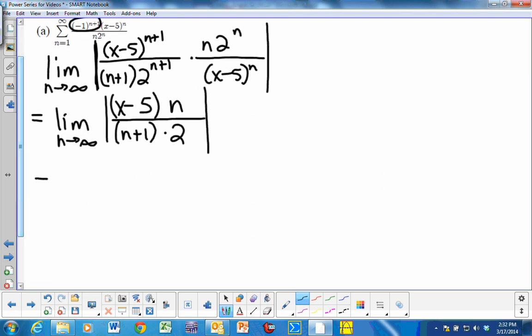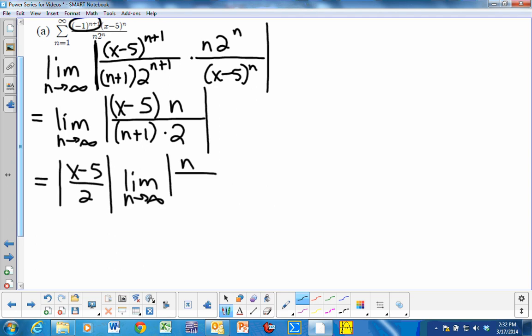All right, so again on this limit, I need to recognize that x minus 5 is actually a constant, and so is a 2. So you will find it easier on these problems to go ahead and take out of the limit anything that is a constant that you can factor out. Now you can't just take out, like say on this n plus 1, you can't take a 1 out because that's adding.